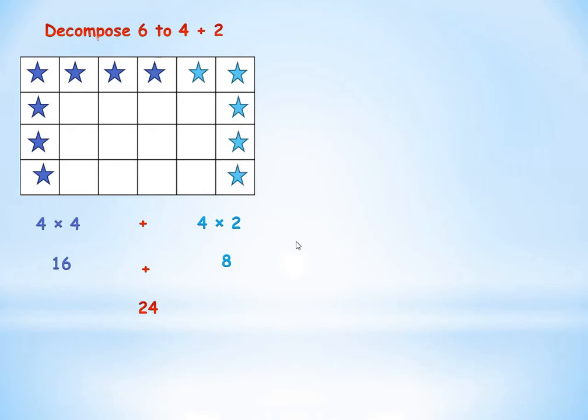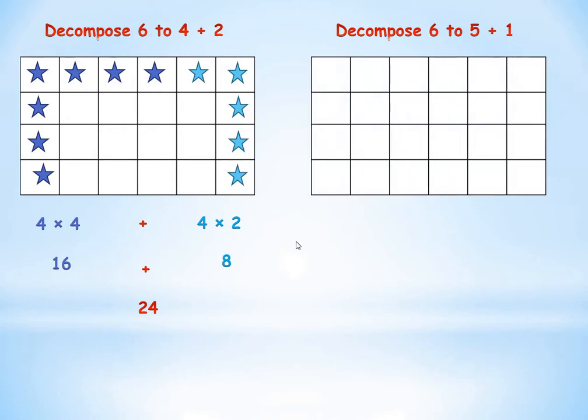Okay, let's take another exercise in the same array that represents 6 times 4. We will decompose number 6 into another two numbers. We will decompose number 6 into 5 plus 1.